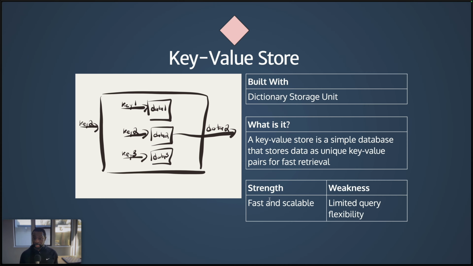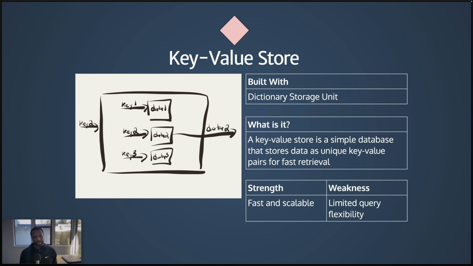Its strength is that it's fast and scalable because of its simplicity. You have keys, you have values, and it's easy to scale and very fast and efficient to get the thing that you need. But the weakness is limited query flexibility. It's fast retrieval, but if you needed some ability to connect data together, to say, if I get this one piece of data, then I want these other pieces of data along with it, it's very limited in that area.